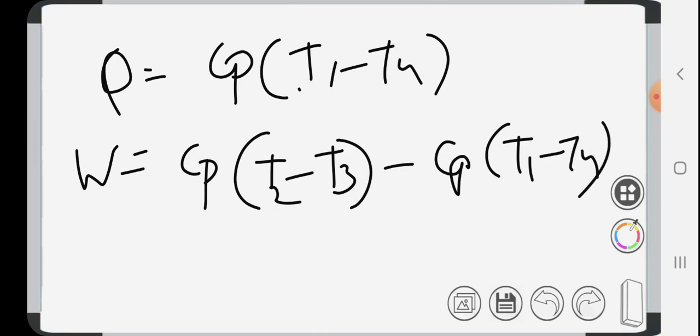Here we have the values of T1 and T3, while T4 and T2 are unknown.